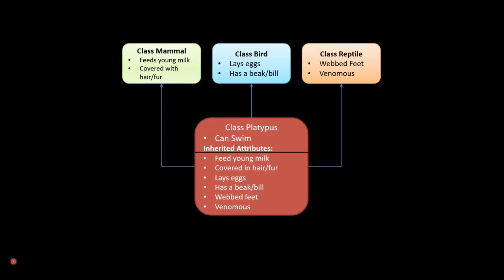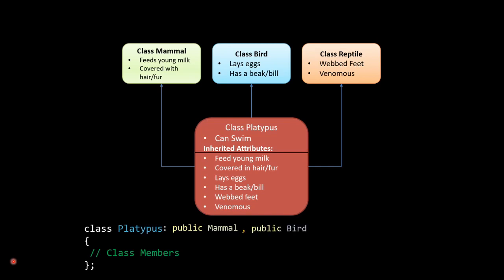So in terms of syntax, what we're looking at is we're starting off with our class platypus, but we want to inherit from the other classes. And the way we do that is we go with our public mammal, we add the comma, and then we do public bird, and again another comma, and then public reptile.